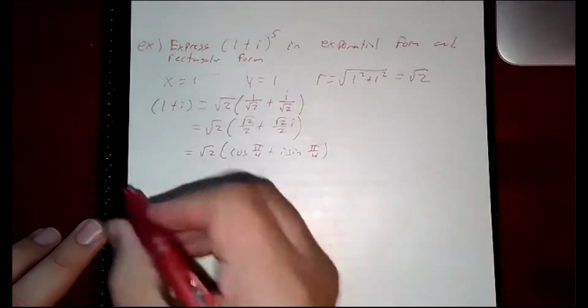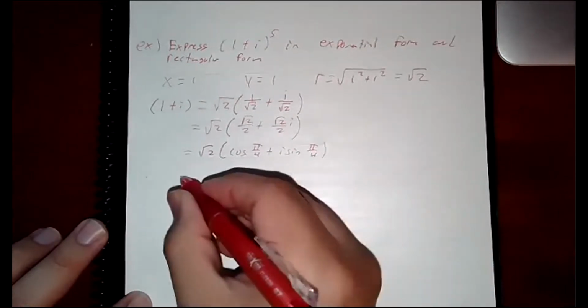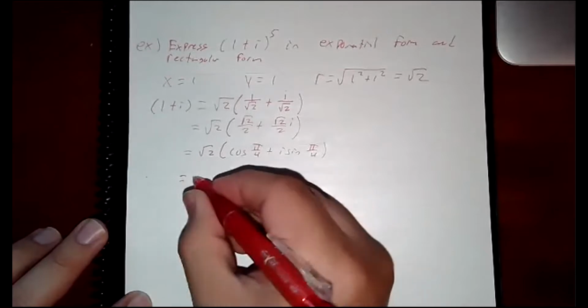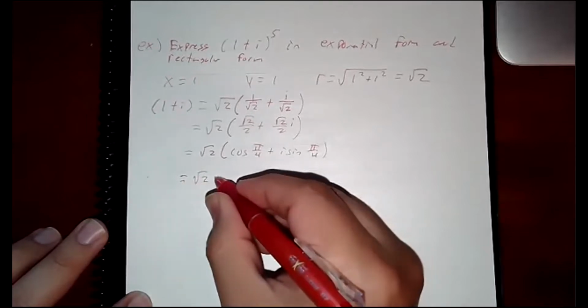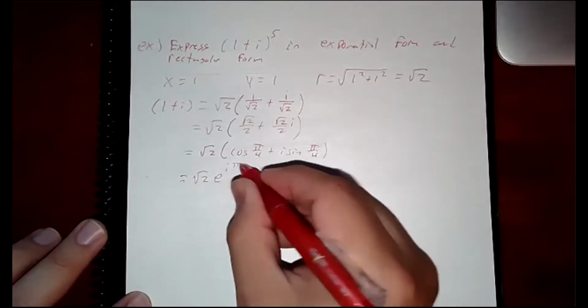Yeah, so this would become root 2 e to the i pi over 4.